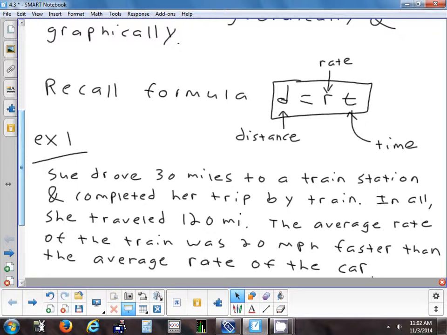So let's suppose we let x equal the speed of the car. If x is the speed of the car, and the train is going to go 20 miles per hour faster than the speed of the car, what would be the speed of the train?